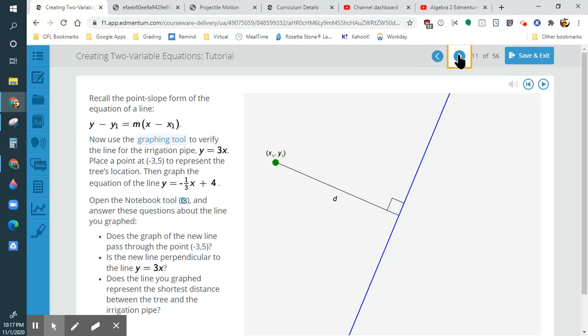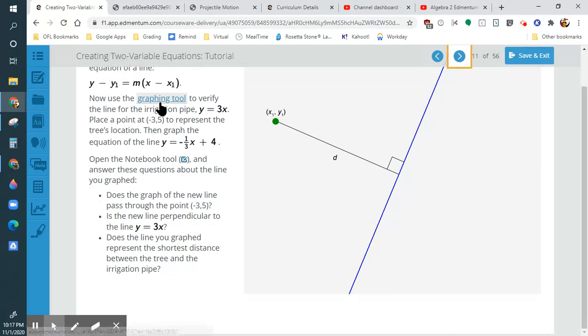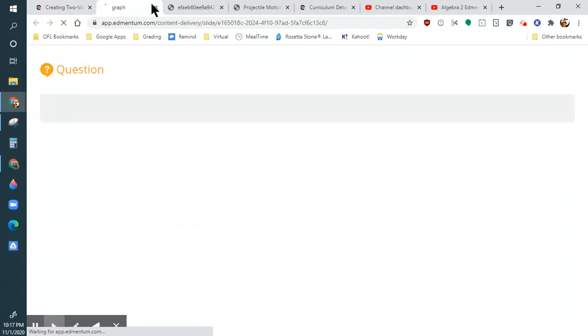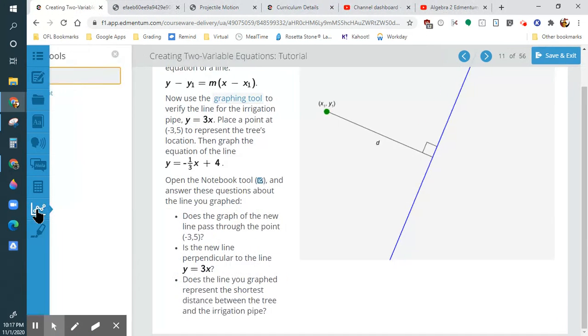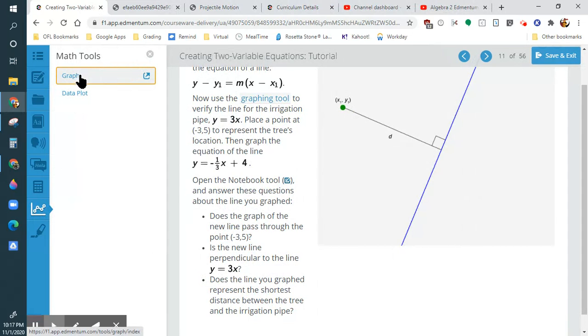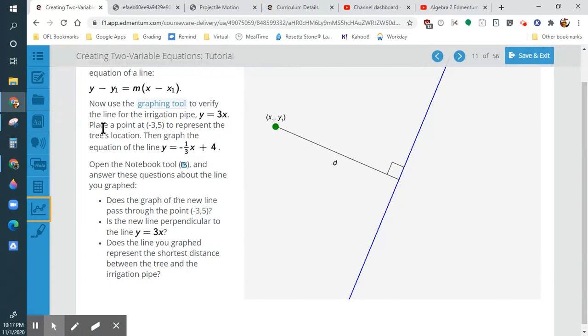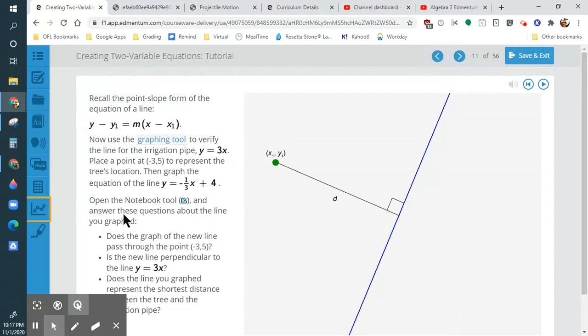Sorry, there's a lot to cover, so I apologize if I'm going really fast. And you can always use a graphing tool when you're making these types of graphs. Edmentum actually has them right here. There's a graphing tool right here in case you ever need it. I use Desmos because unfortunately Edmentum doesn't let you use the graphing tools when you need them.